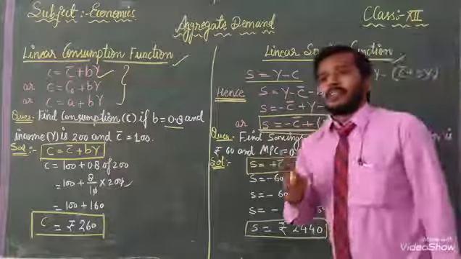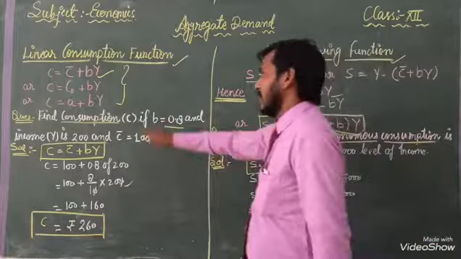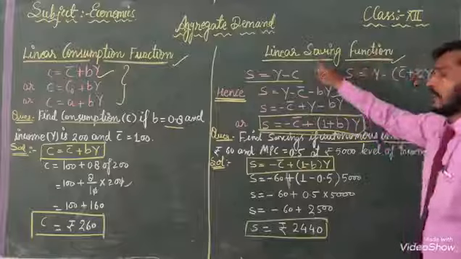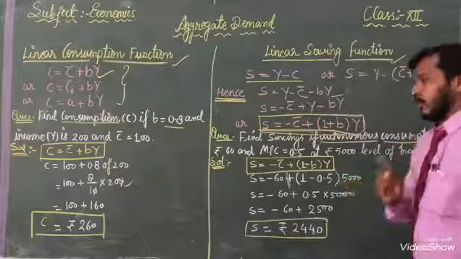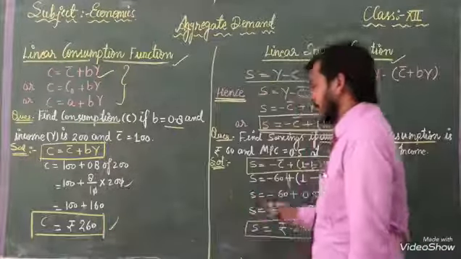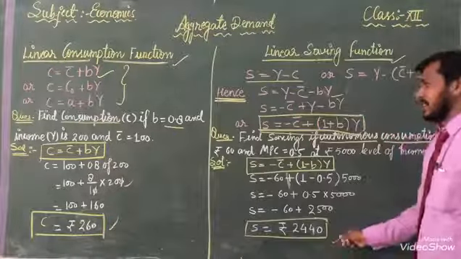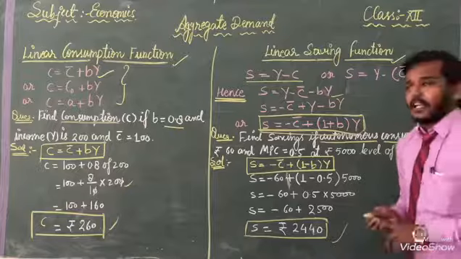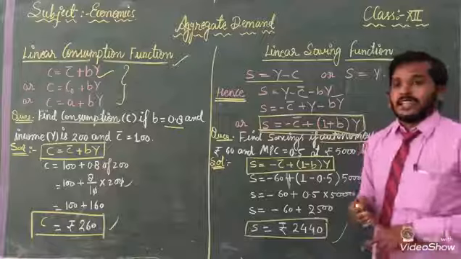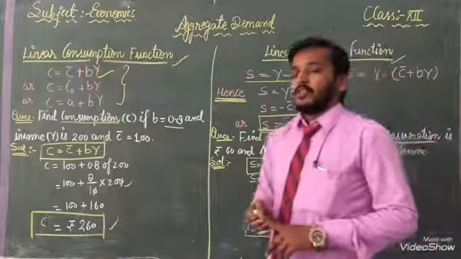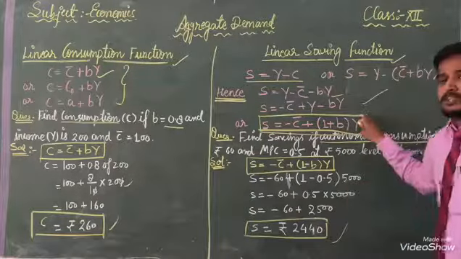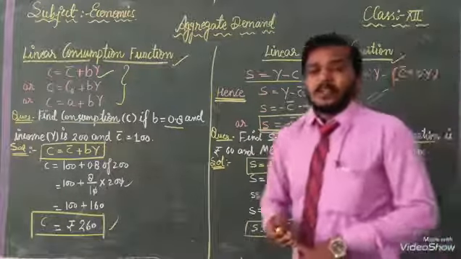With the help of the first we can calculate consumption and with the help of the second formula we can calculate saving. In both questions we calculated consumption here, and saving here. With the help of these formulas you can calculate. So each and every formula you have to revise, write it, make a note.